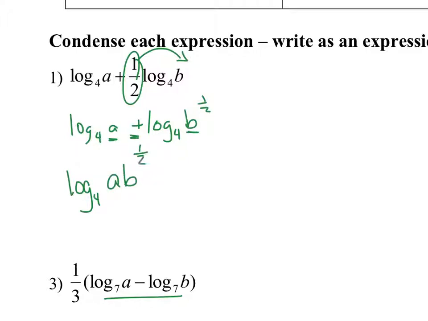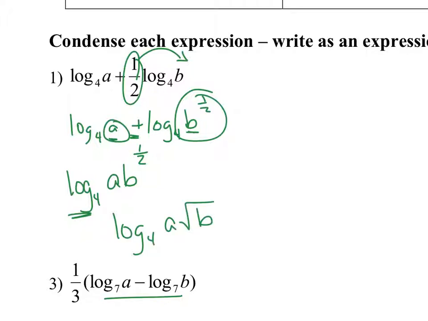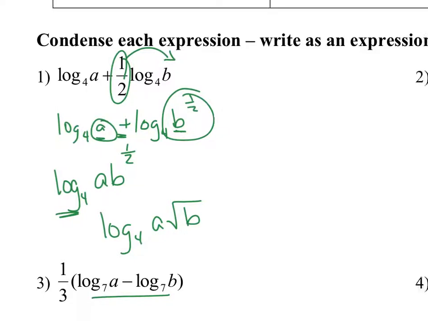So in the end, there should be one log. We don't multiply the logs together, we multiply these values together. This 1/2 power is great, you can leave it, but you should also recognize that we like the square root better. Remember, 1/2 power is the same as the square root.